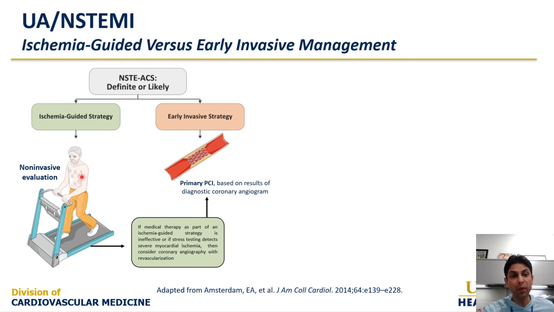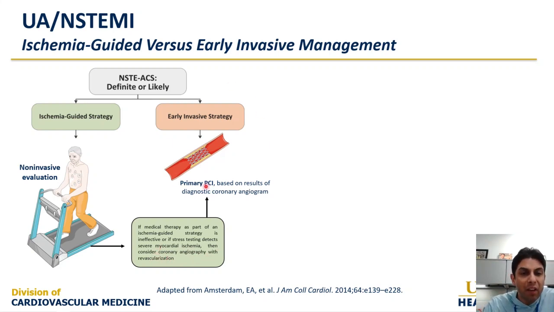So that's a possibility, even in a patient that's experiencing unstable angina or NSTEMI, that you choose an ischemia-guided strategy and have the patient undergo a treadmill stress echocardiogram. And so if medical therapy as part of this ischemia-guided strategy is ineffective, or if the stress test detects severe myocardial ischemia, then we want to consider coronary angiography with revascularization.